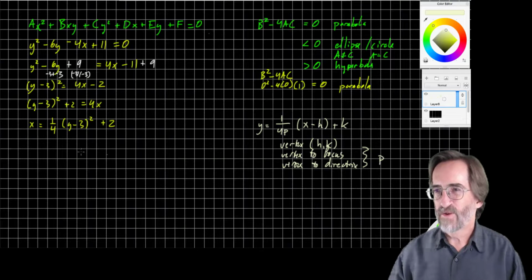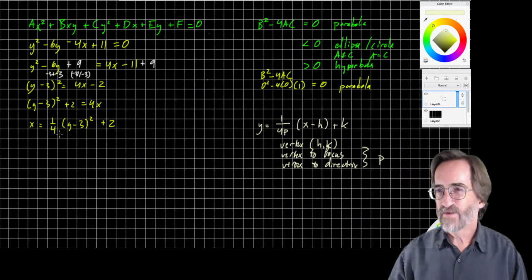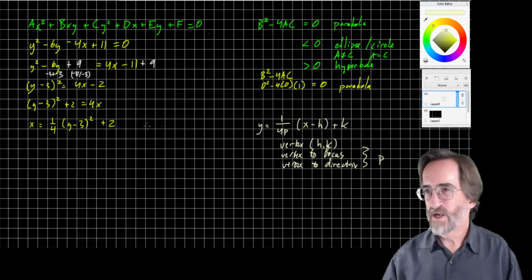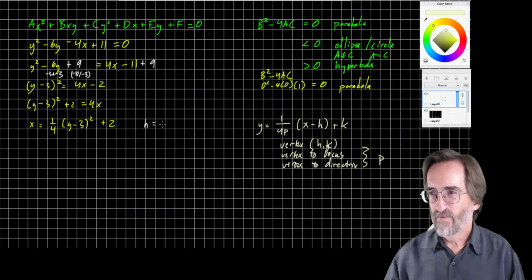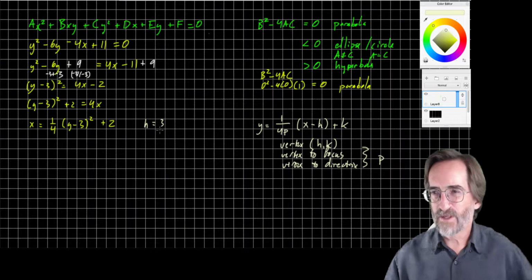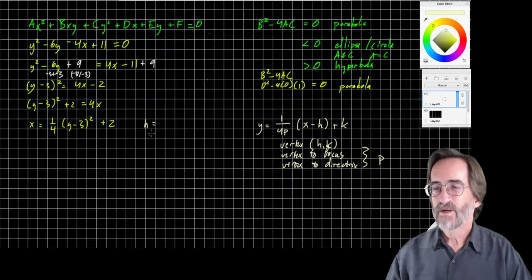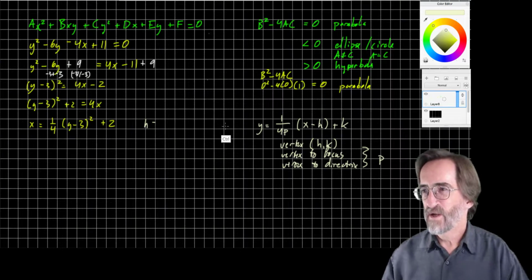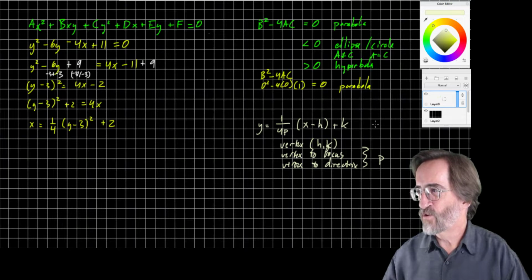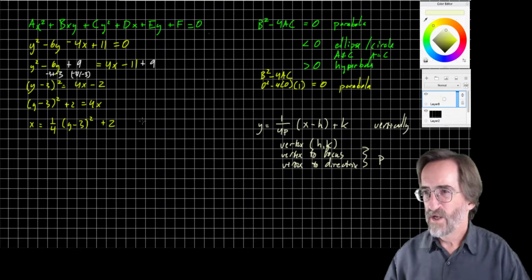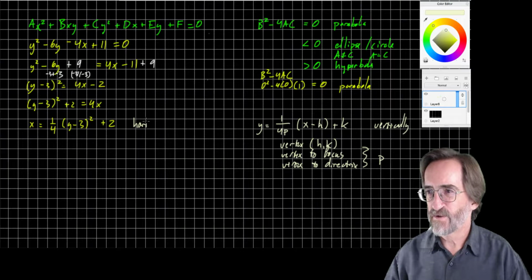All right, so here we go. Let's define what they are here. So let's first determine what h and k are. H is 3. Actually, h is 2 because this is oriented horizontally. This standard form is oriented vertically if it's y equals. If it's x equals, it's horizontal.